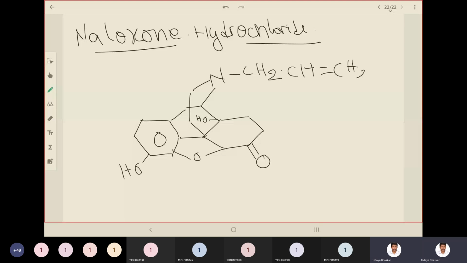So what is the difference? You don't have a double bond here. Here the hydroxyl group is changed into a ketone group. To this carbon you have an attachment of a hydroxyl group, and an allyl functional group at the tertiary nitrogen, the common feature in antagonists. So this is the structure of naloxone hydrochloride.